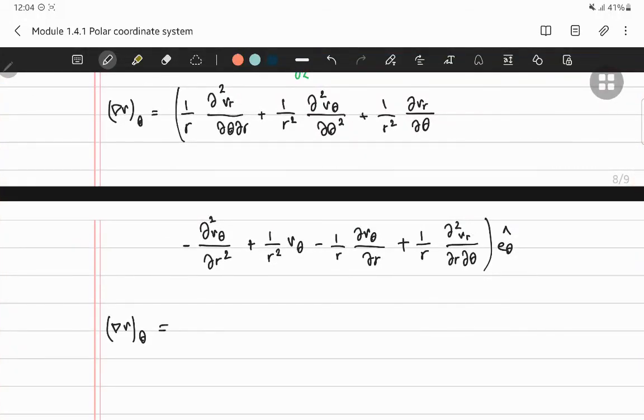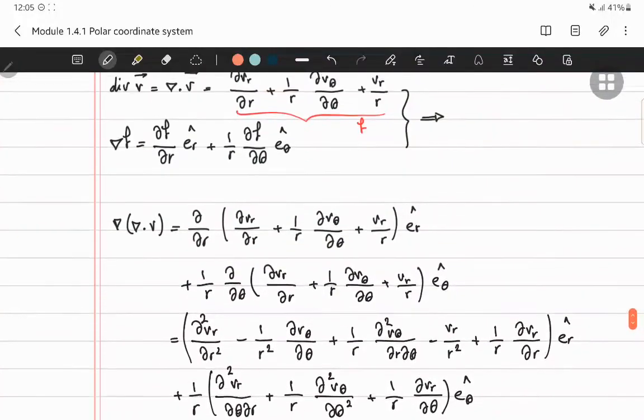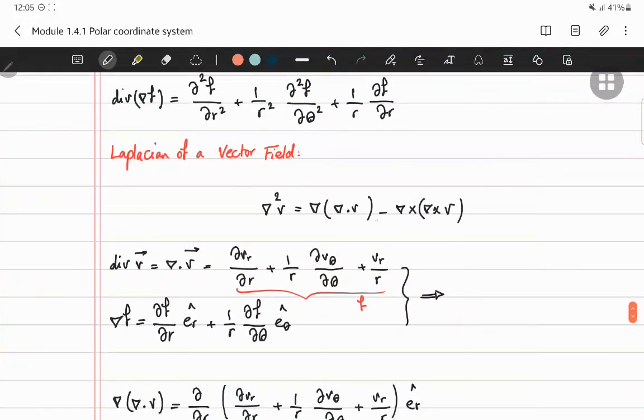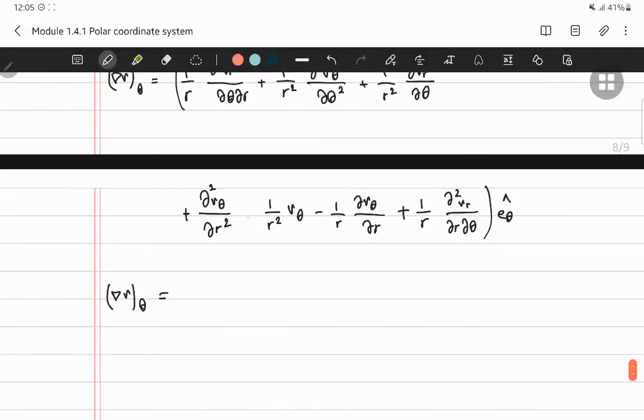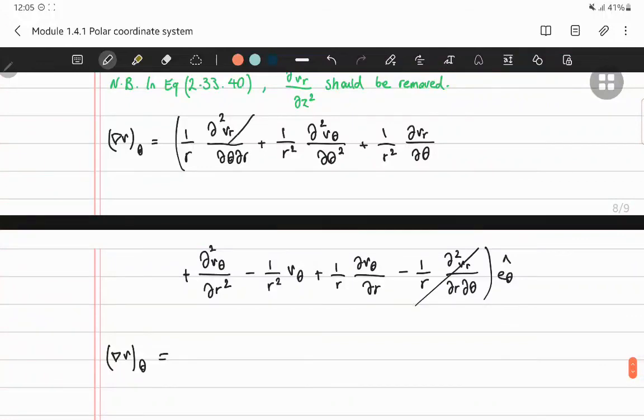And also we have this minus sign here because we have the first expression minus the second expression here. So this becomes plus, minus, plus, minus. So this cancels out this one.